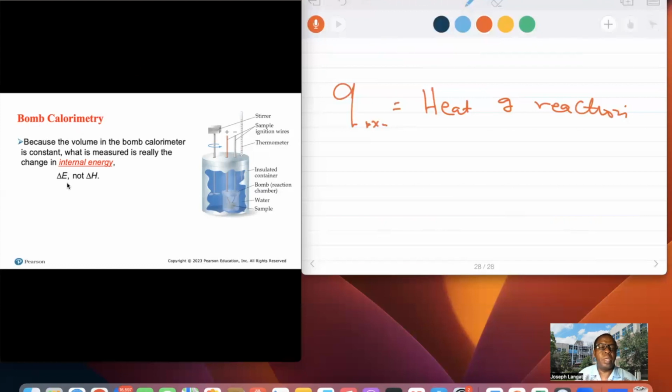But in the coffee cup calorimeter, which you will use in the lab or you may have used in the lab, we measure the heat of reaction.